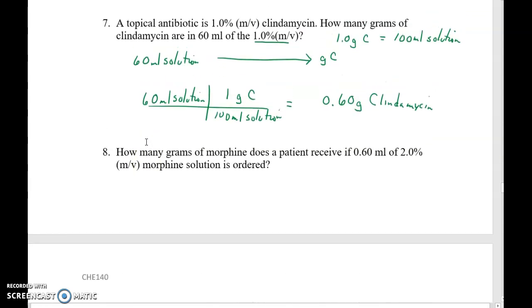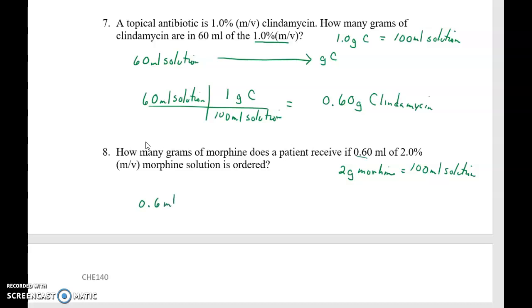How many grams of morphine does a patient receive if 0.6 milliliters of a 2% solution is ordered? So we get 2 grams of morphine in 100, then we're doing in volume milliliters of solution. So we can start with our 0.6 milliliters.